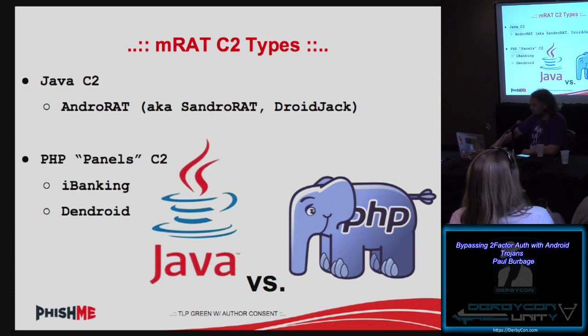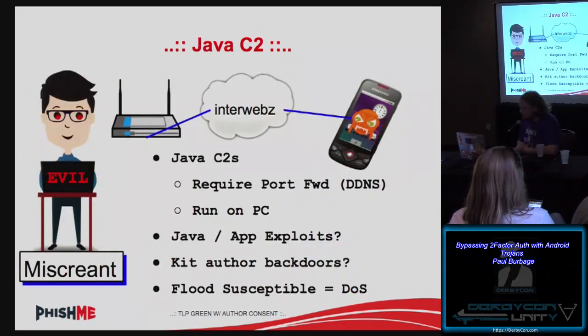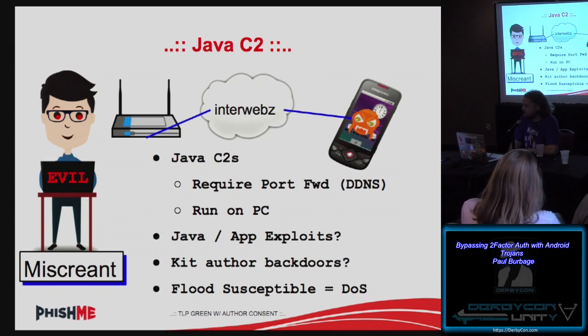So the Java C2. Most of these are going to be run off of residential ISP connections. So a lot of the C2 domains that you see will utilize some sort of dynamic DNS account, such as DynDNS, NoIP, DuckDNS, and so on.